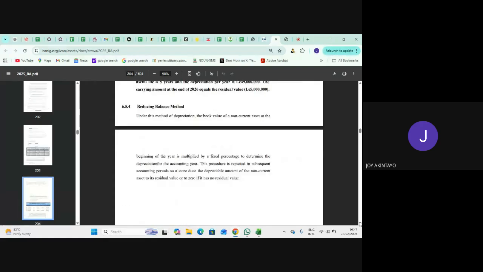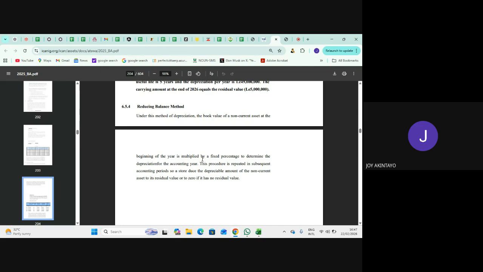Then reducing balance method. Using this method of depreciation, the book value of non-current assets at the beginning of the year is multiplied by a fixed percentage to determine the depreciation for the year.